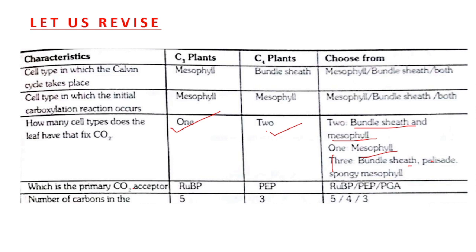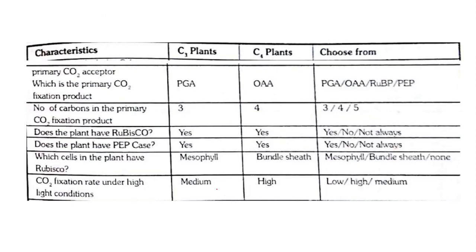Which is the primary CO2 acceptor? Here it is RuBP, ribulose bisphosphate, and here it is PEP, phosphoenol pyruvate. Then the number of carbon atoms in the first acceptor: it is 5 carbon, and here it is a 3 carbon atom.